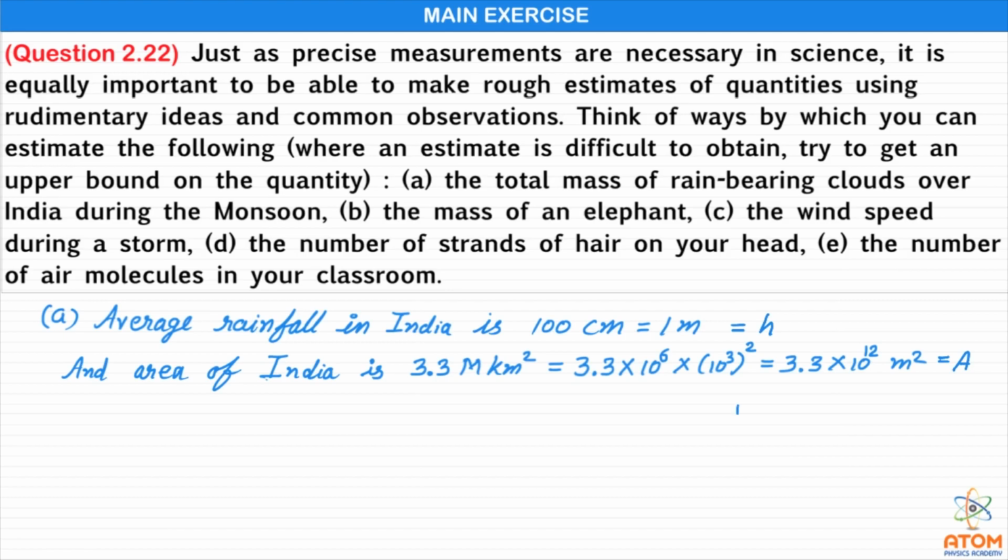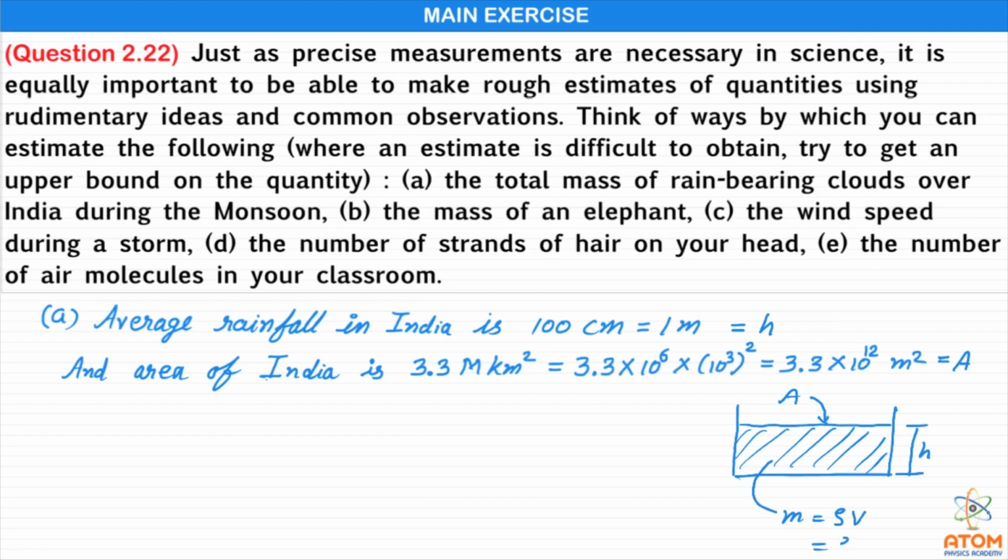Now what I want to explain is, suppose here is a vessel and it is filled with water, let us say up to some height h, and the area of the vessel is, let us say, A. So in that case, obviously the volume can be A h, and so the mass will be equal to density into volume, and so it will be density into A into h.